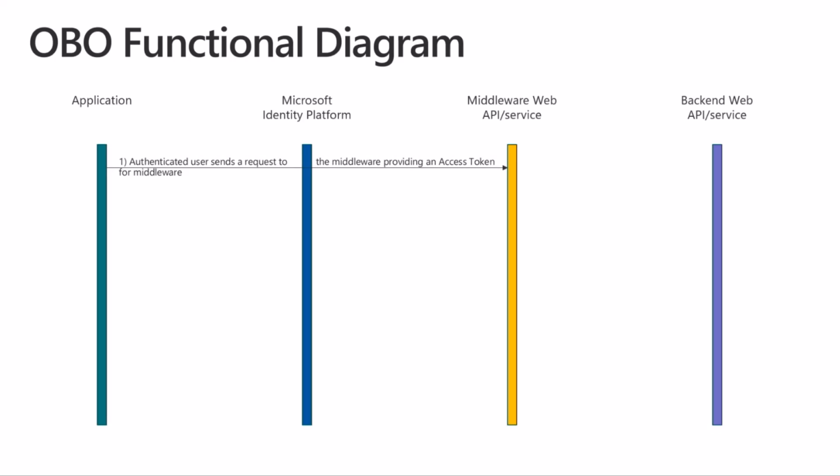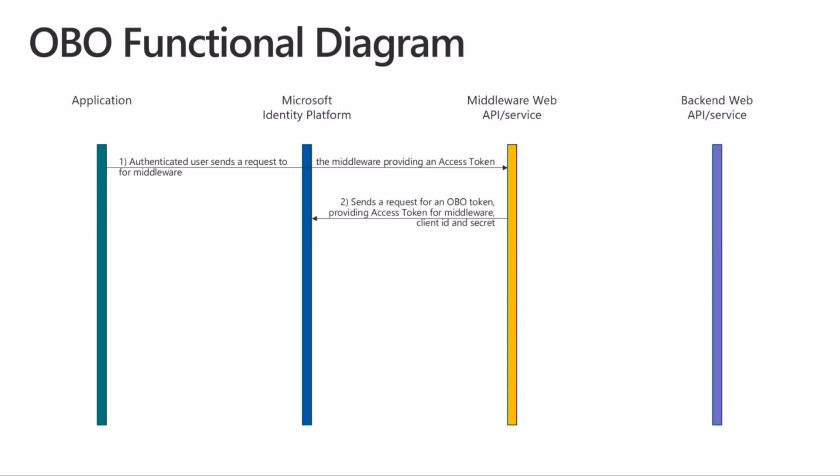Your SharePoint Framework web part will send a request to a middleware API, which is something that we will dig into really shortly. When you get to the middleware API providing your access token with your identity information, that middleware API will send a request to the Microsoft Identity Platform, so to the Entra ID endpoints, to get an OBO token.